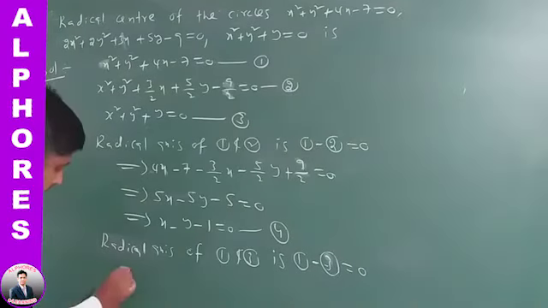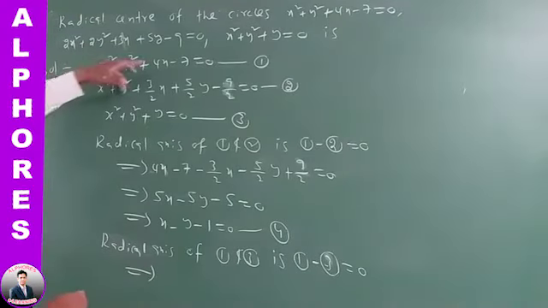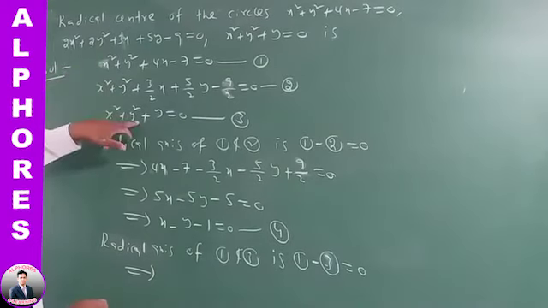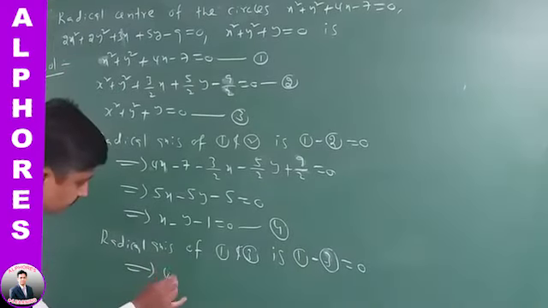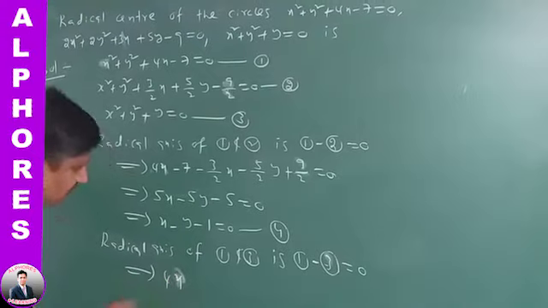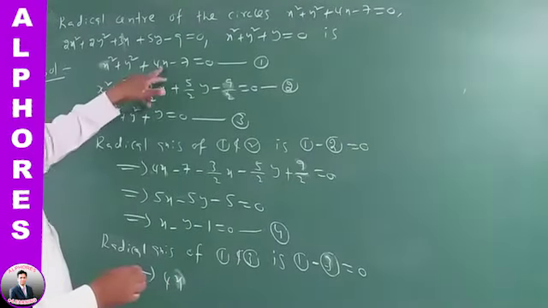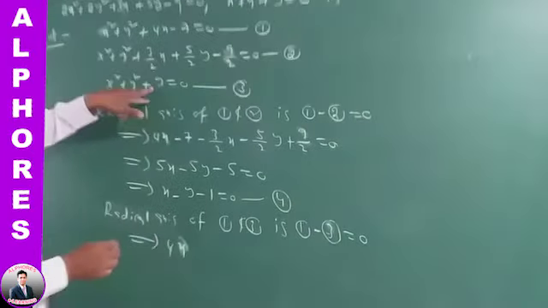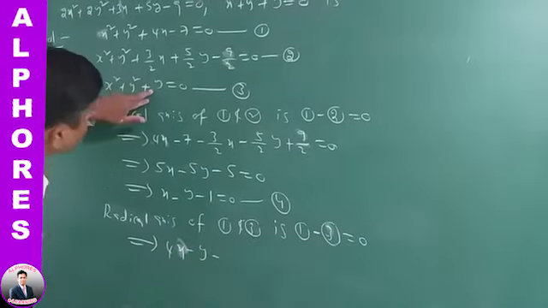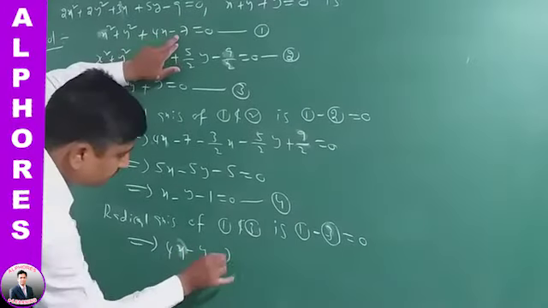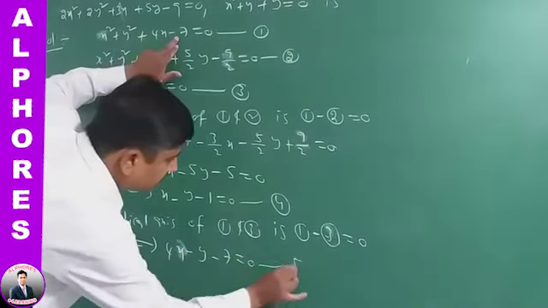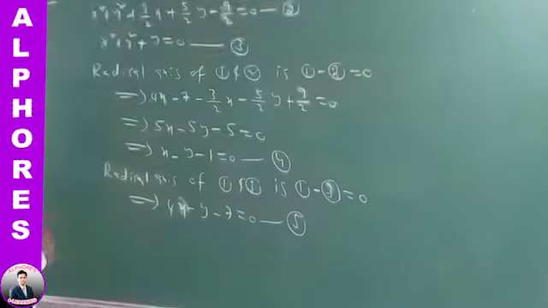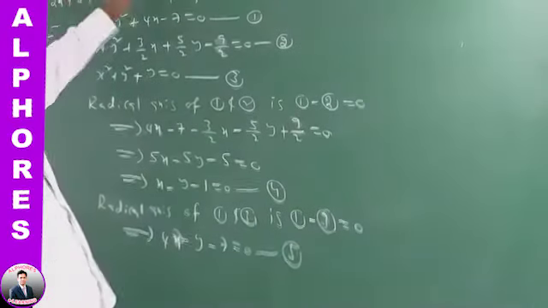Directly, we get x square and y square cancel. Here 4x, next minus y minus 7 equal to 0, equation number 5. Now, what is the radical center?